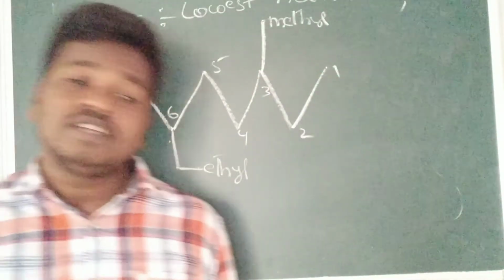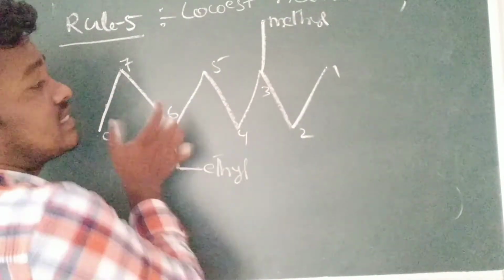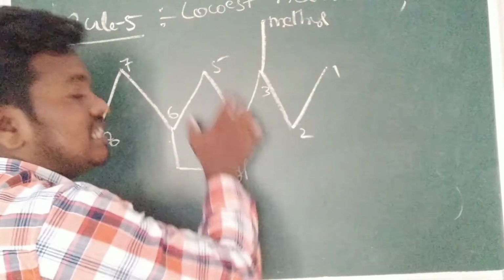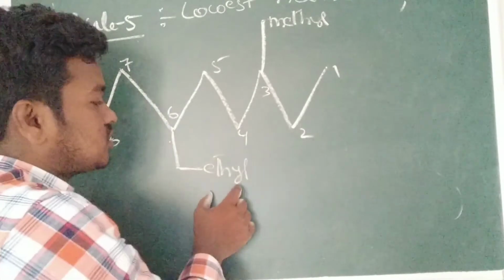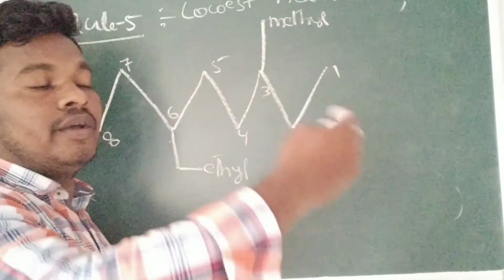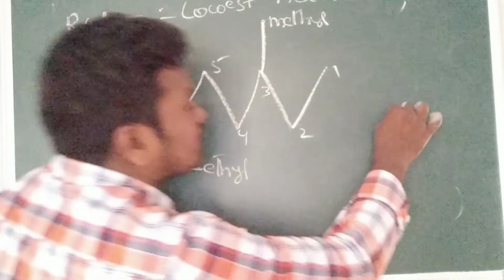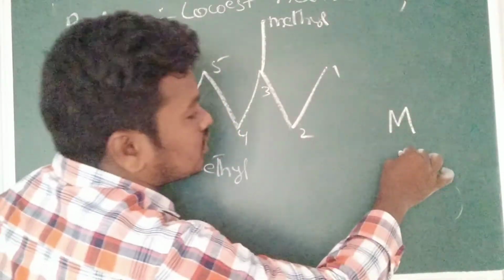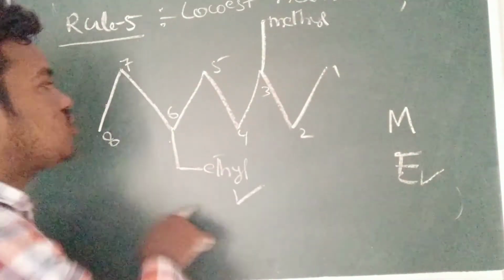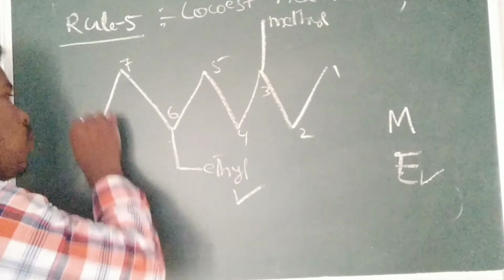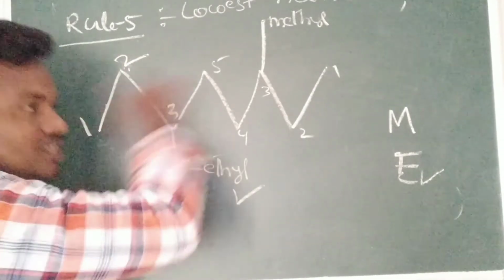But here different alkyl groups are present on the main chain, so we first identify the substituent that comes first in alphabetical order. Compared to M, E comes first, so E should get the least number: 1, 2, 3.